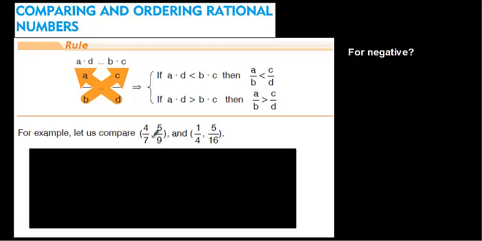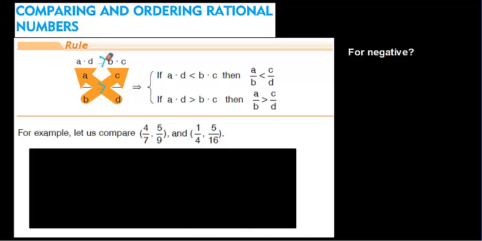For comparing and ordering rational numbers, we have one simple rule, the cross product rule. We have a over b and c over d. When you multiply a by d and b by c, if ad is bigger than bc, it means that a over b is bigger than c over d, and vice versa.